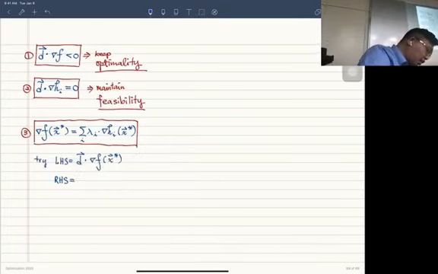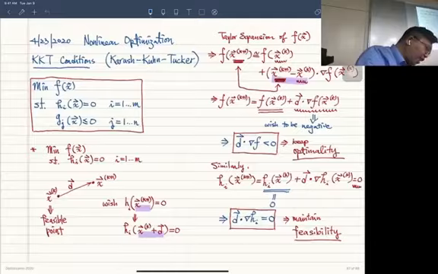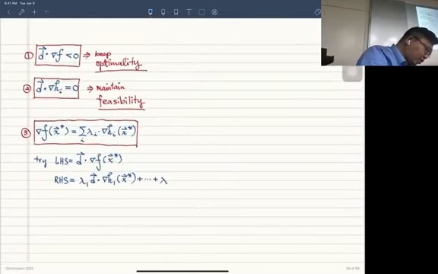So it's going to be lambda 1 d dot gradient h1 x star plus da da da. How many h do we have? We have m of them. So this is lambda m d vector dot gradient hm, like this.